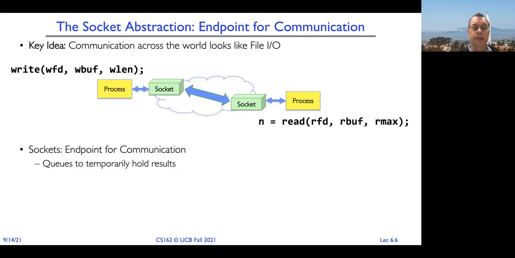Okay, so the socket is an endpoint of communication, and the queues are in between, somewhere along the way. Actually, there are many queues in the network. There are queues in the operating system, and queues at the routers along the path between the sender and the receiver. It's pretty complicated, and we are going to learn more about that. But in general, what you need to know is that there are queues.